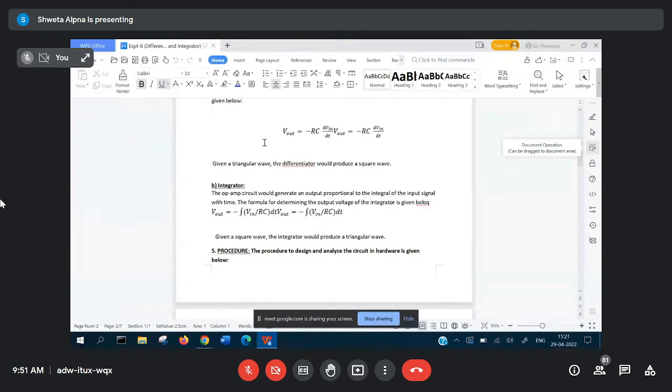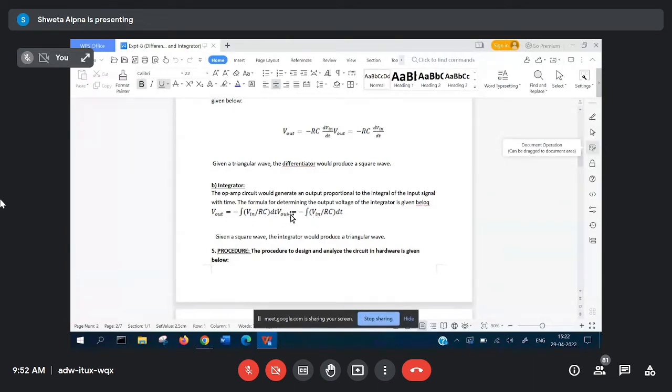When a triangular wave is applied to a differentiator, you will get a square. And when a sine is applied to a differentiator, you will get a cos. Then the opposite will happen in the integrator. Whatever waveforms you are seeing in the differentiator, opposite waveforms you will see in the integrator.